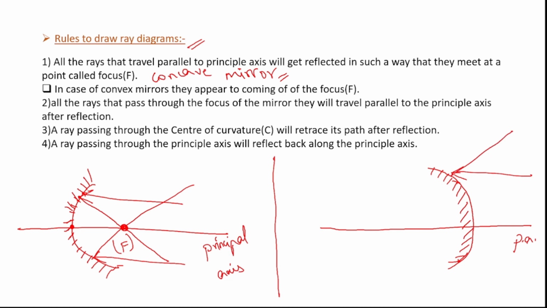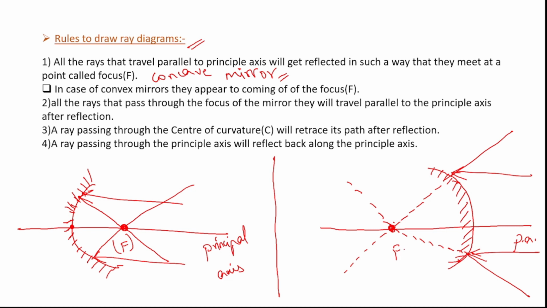So whenever we extend the reflected ray backward, it will pass in this way. Let us pass another ray onto this convex mirror. It will also diverge in some other direction. Let us extend this reflected ray backwards. So what is happening here? Both reflected rays are meeting at one point. That point is called as focus in case of convex mirror.